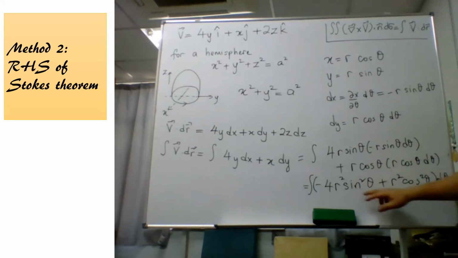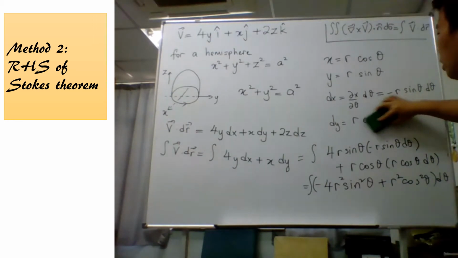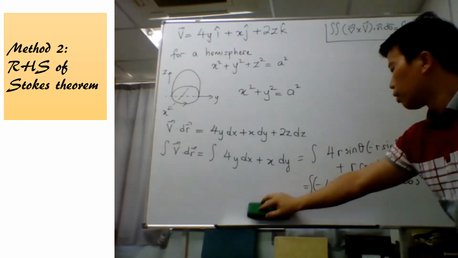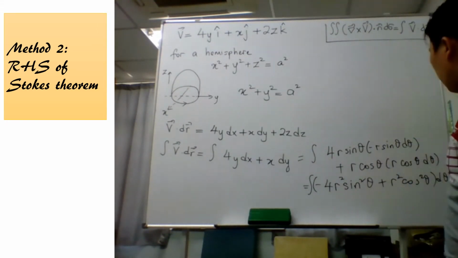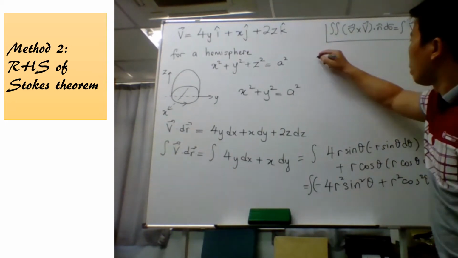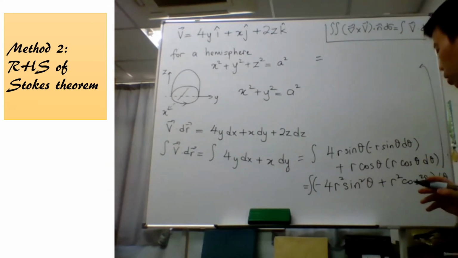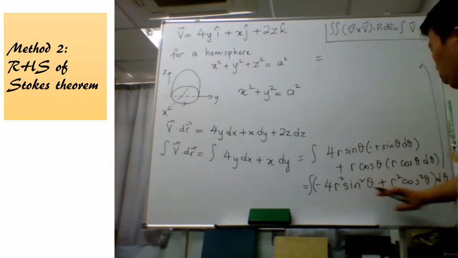So now you have to integrate this expression here. You can use the trigonometry function to change this into either one of them, either sine or cos. So let's say I change sine squared to cos squared.